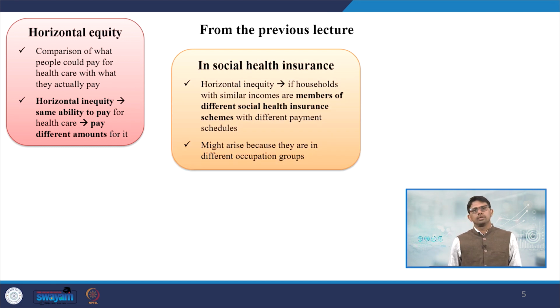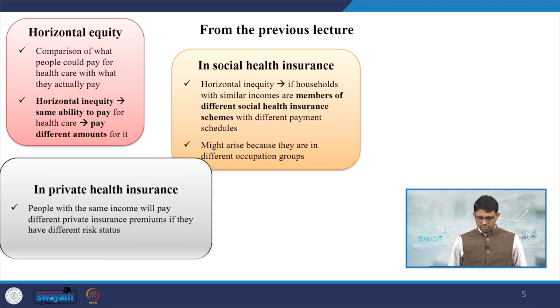We also cited the case of social health insurance, and we mentioned whether that leads to better equity or inequity, especially horizontal inequity. If households with similar incomes are members of different social health insurance schemes with different payment schedules, then horizontal inequity is a possibility, and this might arise because they are in different occupation groups, but still they are receiving the same social health insurance schemes.